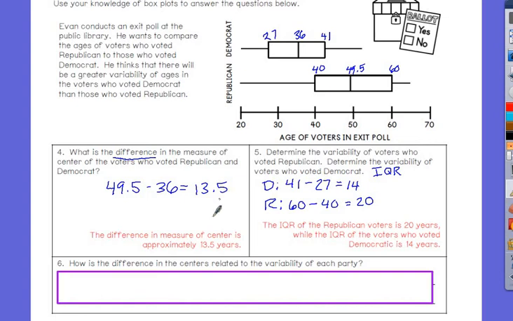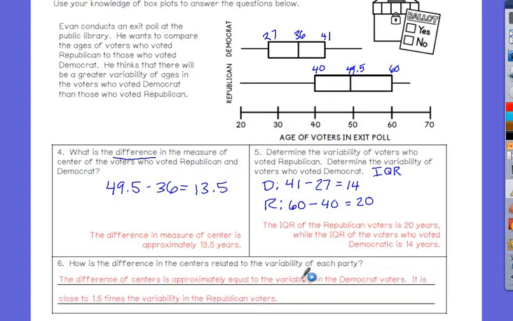Number 6 is kind of a challenging question. I would never ask you a question like this, and I don't expect the league to either, because it kind of gets into Algebra 1-y stuff. But just to explain it, it says, how is the difference in centers related to the variability of each problem? Well, the centers are 36 and 49.5, and they wanted to know how it was related.